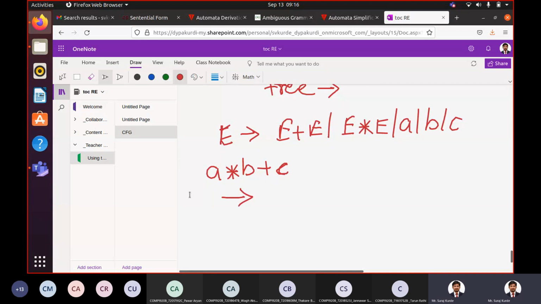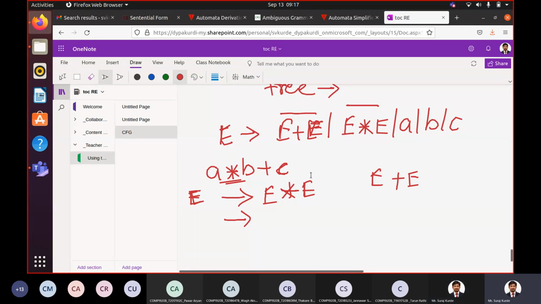To derive this one, start with the start symbol. As on the left side we need multiplication, consider this one. Let me write here E into E. Then expand this part. On the right-hand side of the multiplication, we need plus.